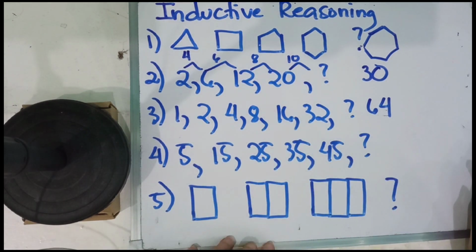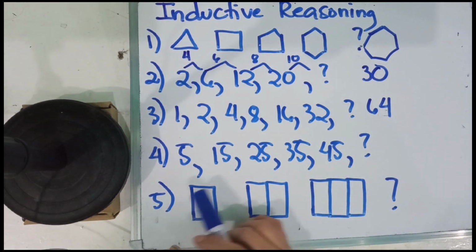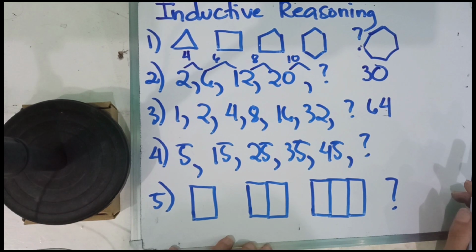Number 4, we have 5, 15, 25, 35, and 45. So if we closely observe, we can determine that the pattern is simply adding what number?